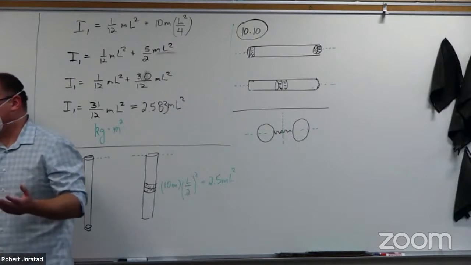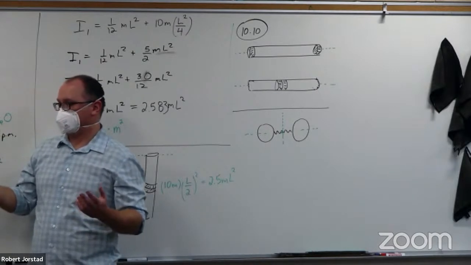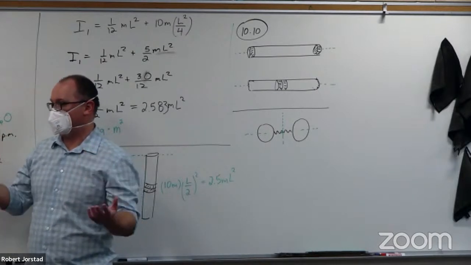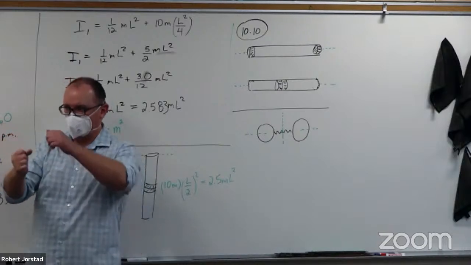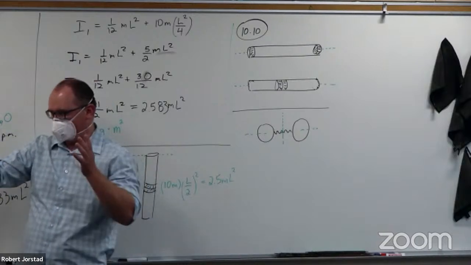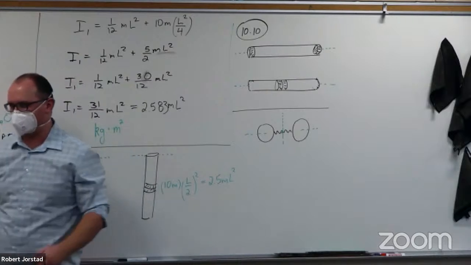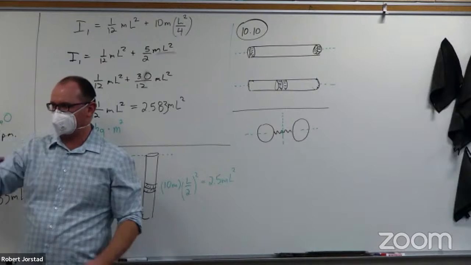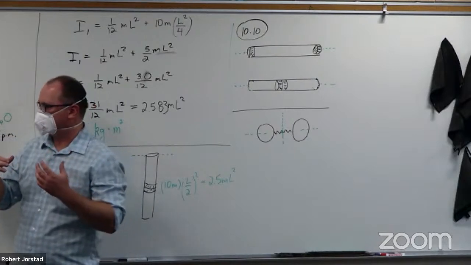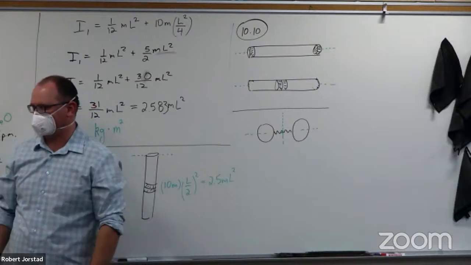Now, to be clear, there's a serious issue when you take one of the masses away. It's no longer balanced. And then as it rotates, you're going to be raising and lowering its center of mass. Right now, the center of mass is right at the center, so that makes it easier to balance. And that would change basically the torque your hands are going to have to exert while you hold it.